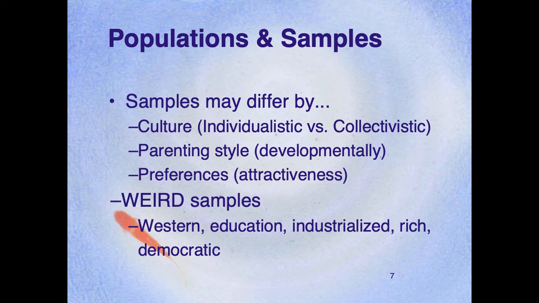So there's some in Germany too, and of course China has some research coming out of it, but a lot of it is Western, educated, industrialized, right? So they're Western, they're highly educated typically, or beyond, let's say, high school, industrialized in terms of there's business and companies and all of that. And we all are above average wealth and more democratic than a lot of other nations.